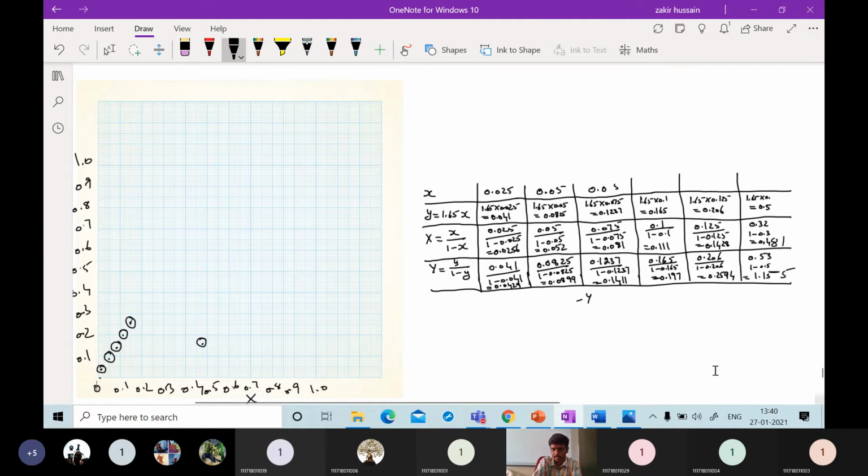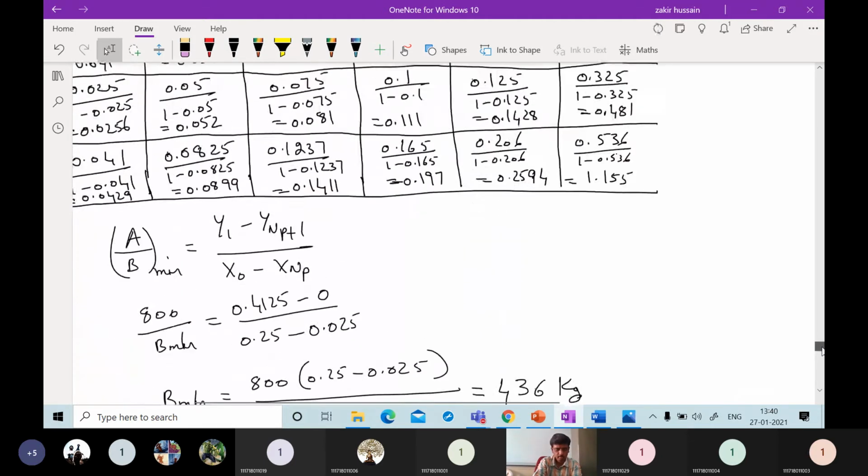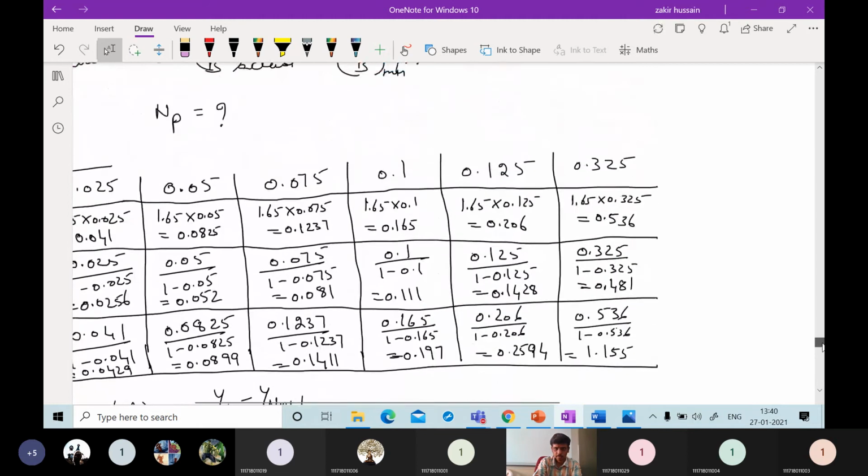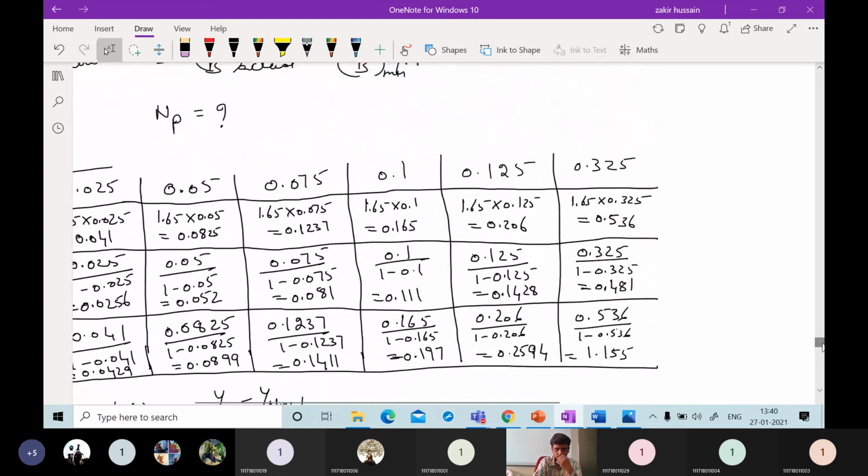Can you just verify the last data points? Is this correct? Something is wrong in this one. The last data point, 1.155, it will not come like that. Sir, it is coming 1.155 only, sir.